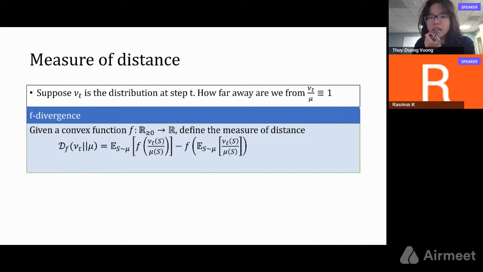So you just exchange the order of the expectation and f, and by Jensen's inequality, because f is convex, this distance is always non-negative.